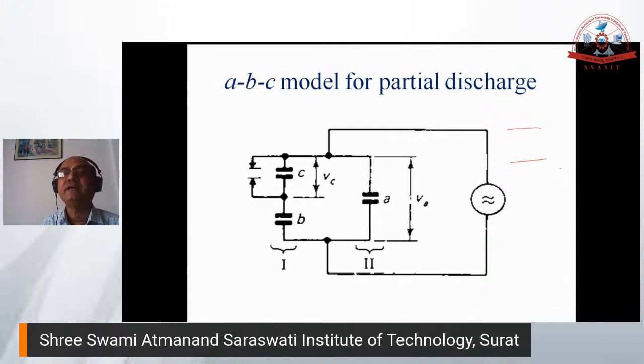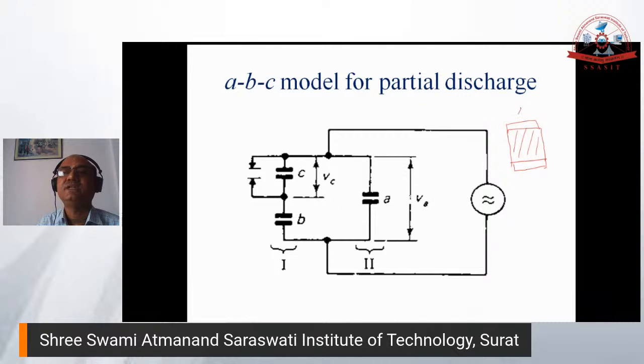So what this ABC model does, we're going to tell it quickly. Say this is the insulation block. There is a conductor above this one, and there is a conductor lower to this one.